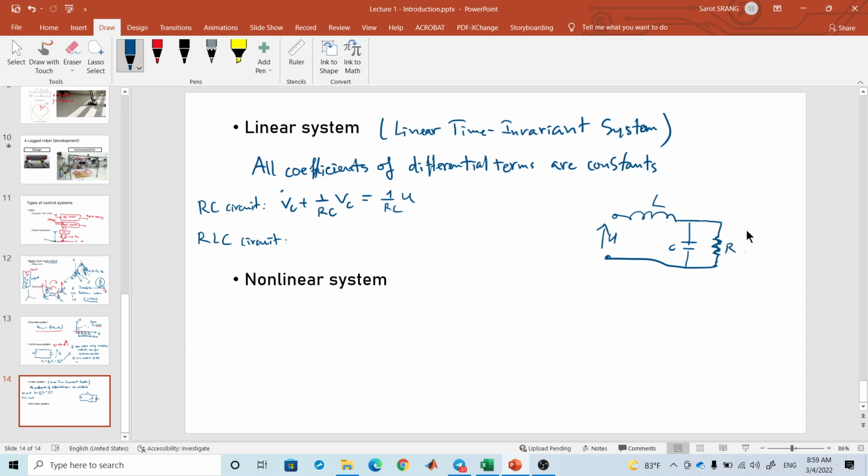Okay. Also you derive this, you get a linear system as well. A linear equation as well.